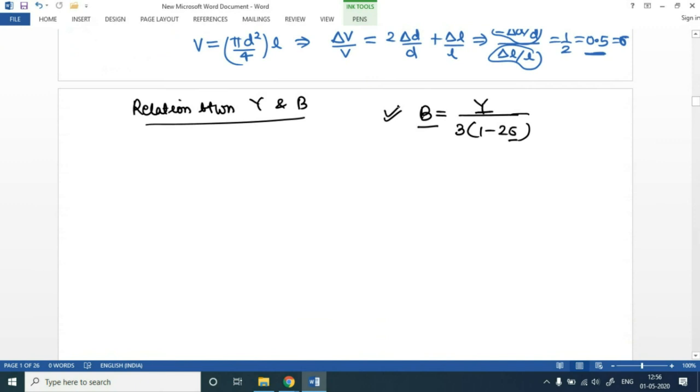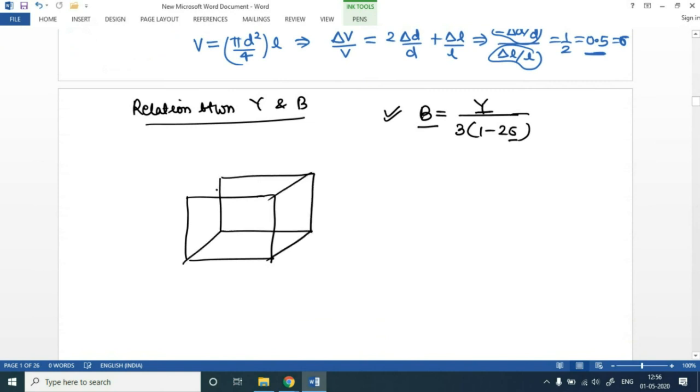One simple model: let's take a cuboid. Let's say its length is x, this side is y, and this side is z.